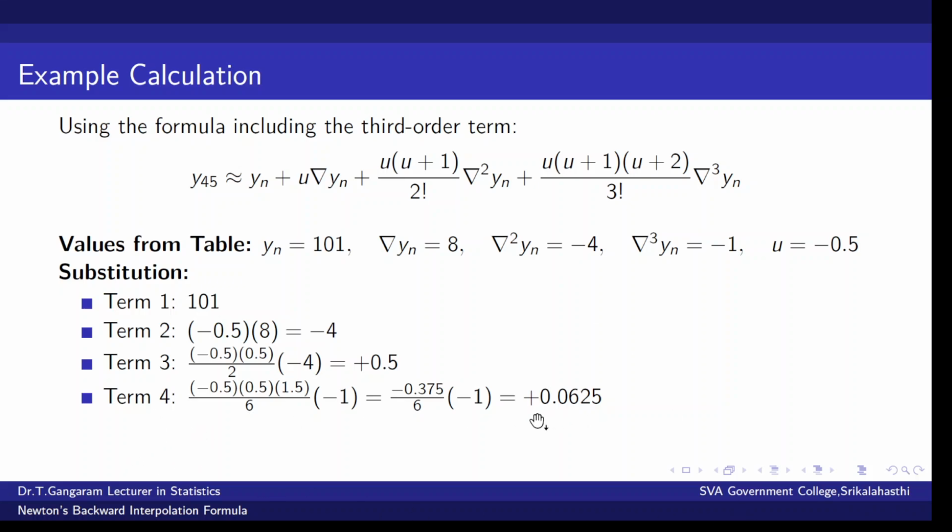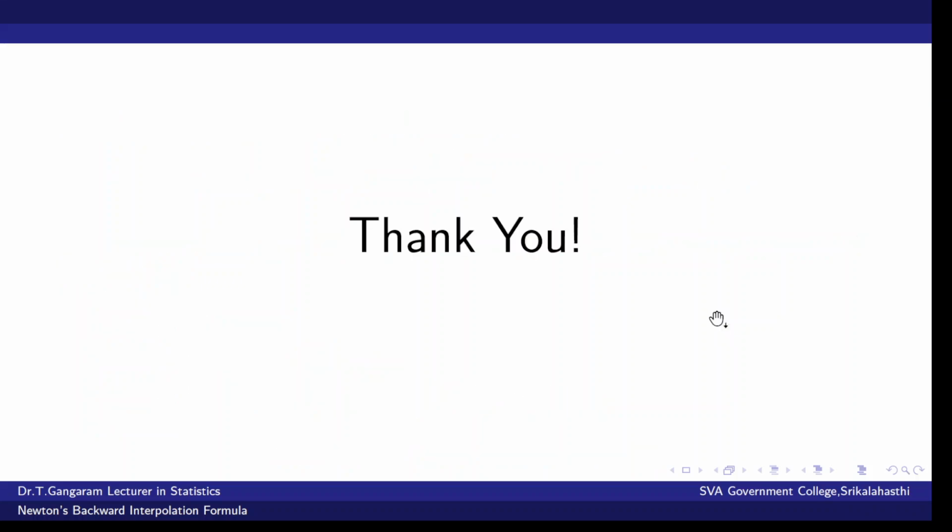Term 4 is 0.0625. The final result, substituting all these values, is y45 equal to 97.5625. Thank you.